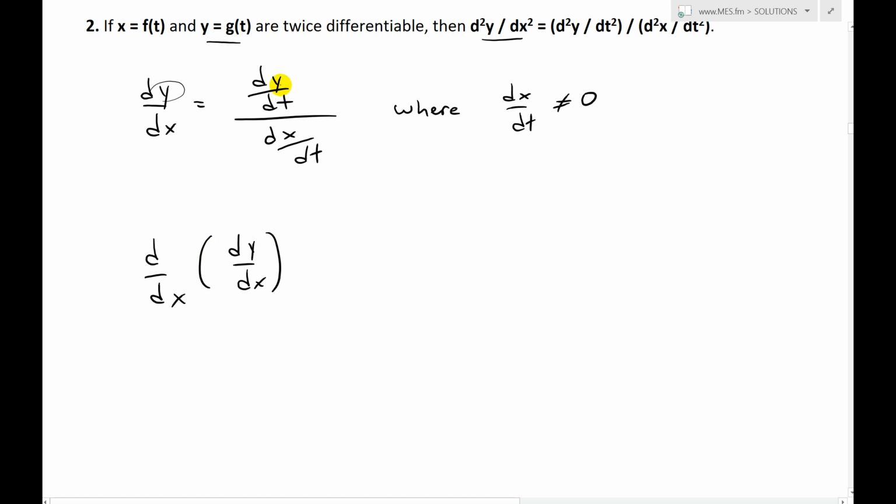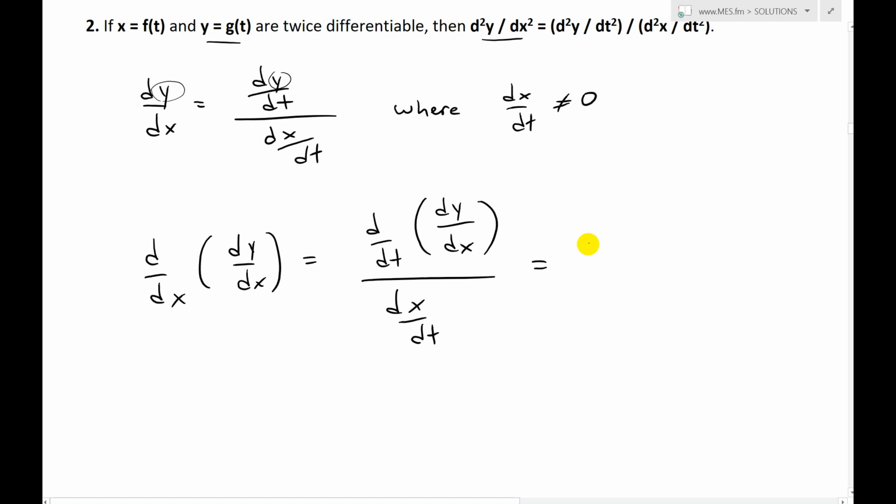So this becomes d over dt of dy over dx, and then divided by dx over dt, like that. And this is our second derivative.